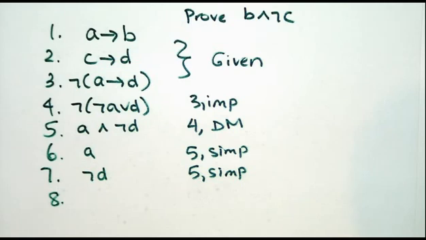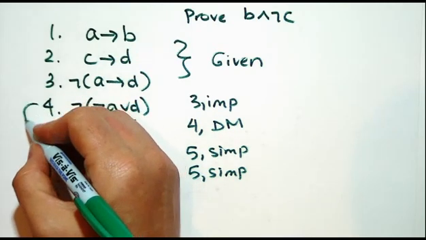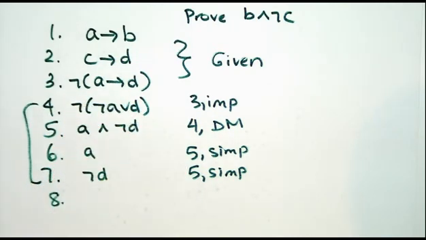Okay, so going from lines 4 through 7 should be relatively straightforward for you because we're basically doing the implication rule and then applying De Morgan's and doing simplification. So we can only do simplification with ands, and remember you can't do that simplification with anything if it's part of a line. You can only do simplification if and is the main operator on your line.